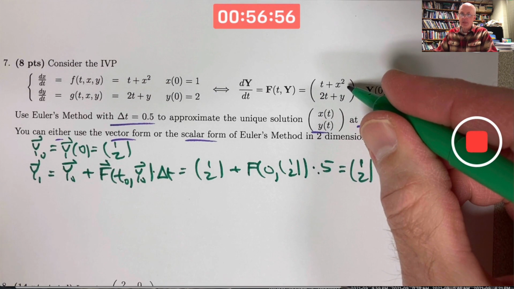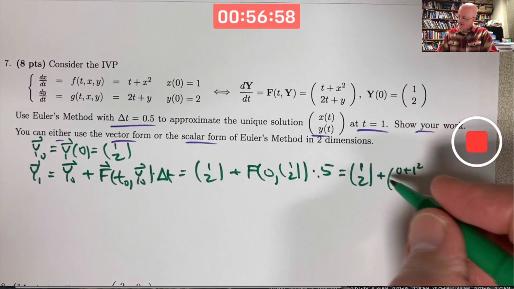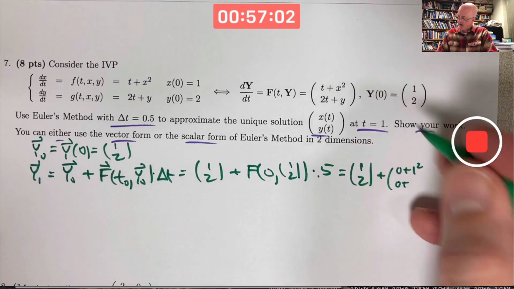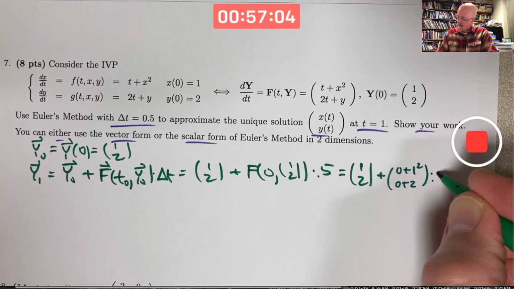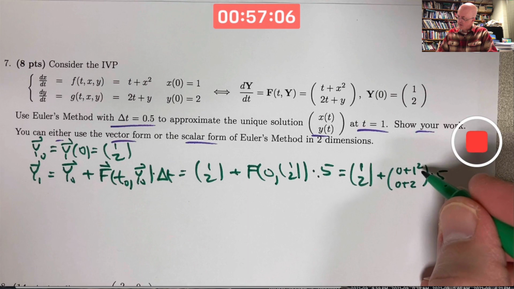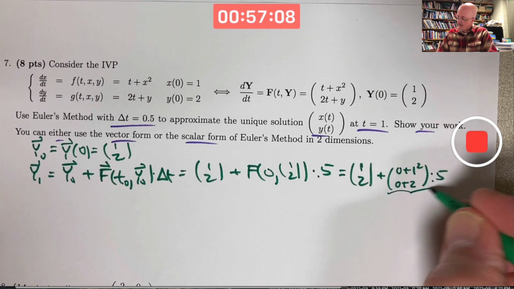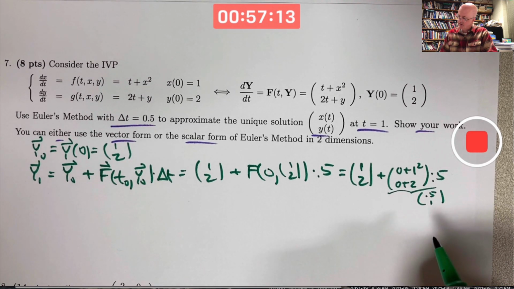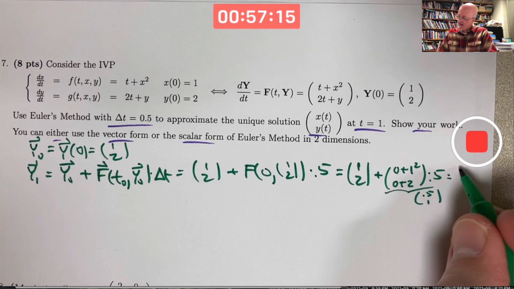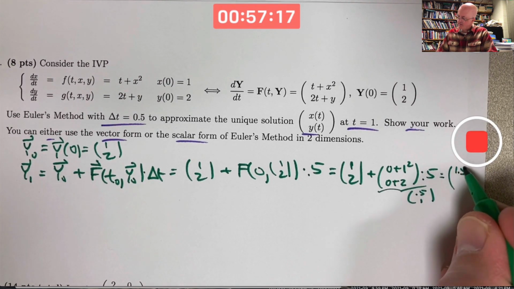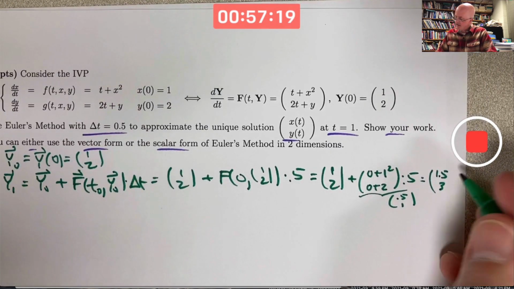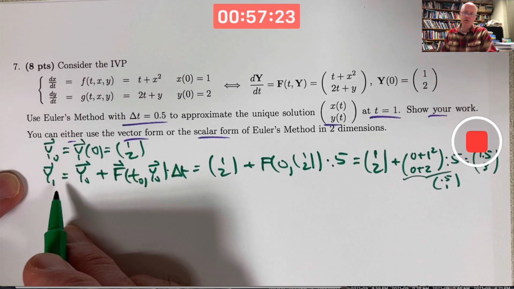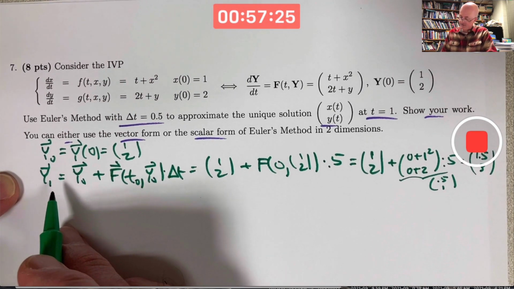I'm looking right there. For the first component, 2 times 0 is 0, plus y is 2 here. There's the y, times 0.5. So I get the vector 1, 2 times 0.5. That becomes the vector 0.5, 1. And that gets added to 1, 2. And the final answer here is 1.5, 3, looks like, if I have not made a mistake, for y1, your approximation to the solution curve at time 0.5.